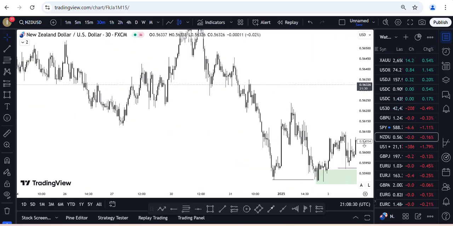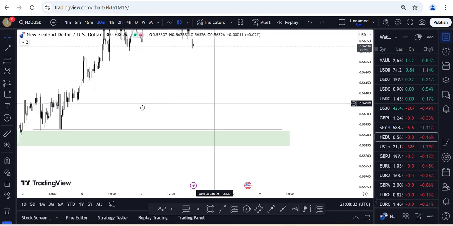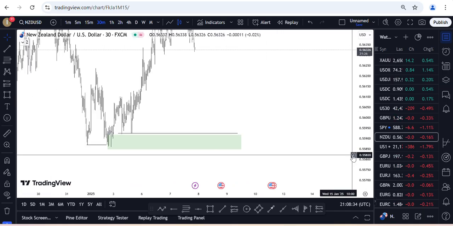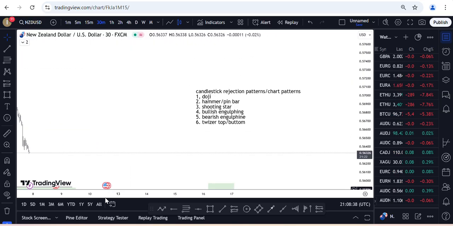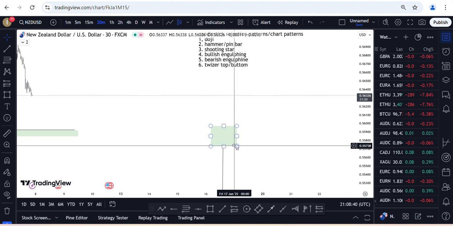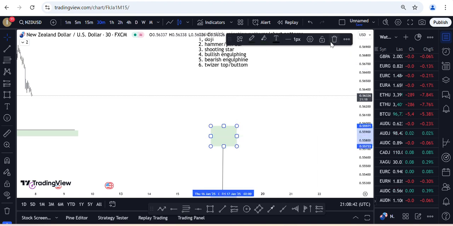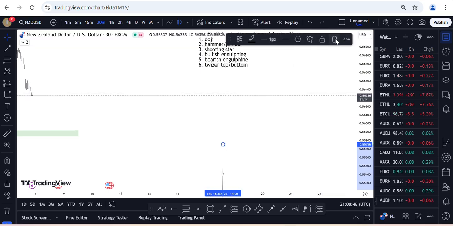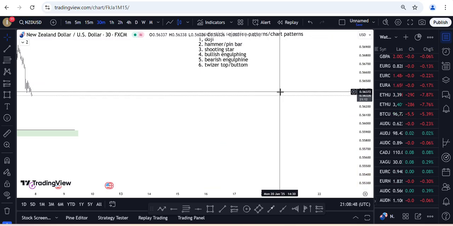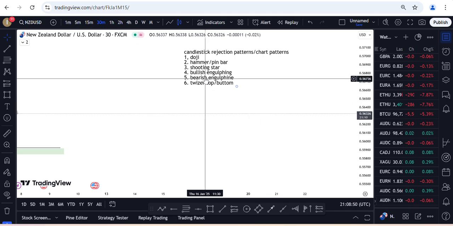Okay, so that is an example of a pin bar. Cool. The next one I'm going to talk about is a shooting star candle. The shooting star is the opposite of a pin bar or hammer.